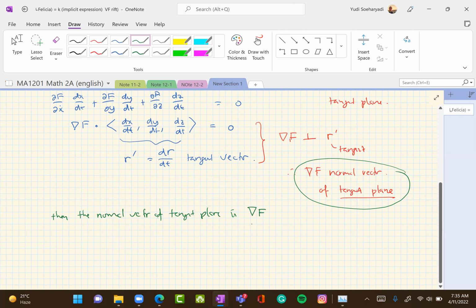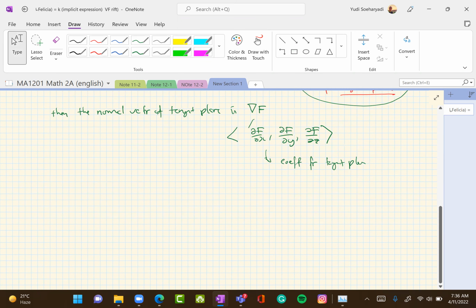What is the gradient of f? It's nothing but df dx, df dy, df dz. This is the coefficient for the tangent plane.